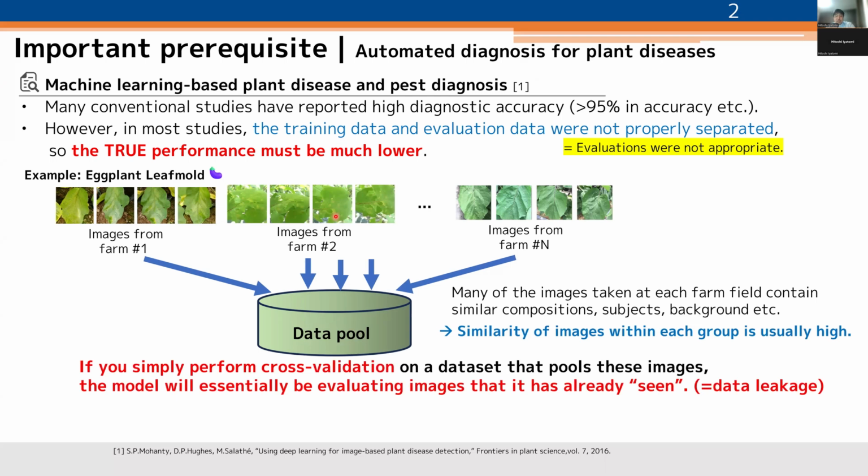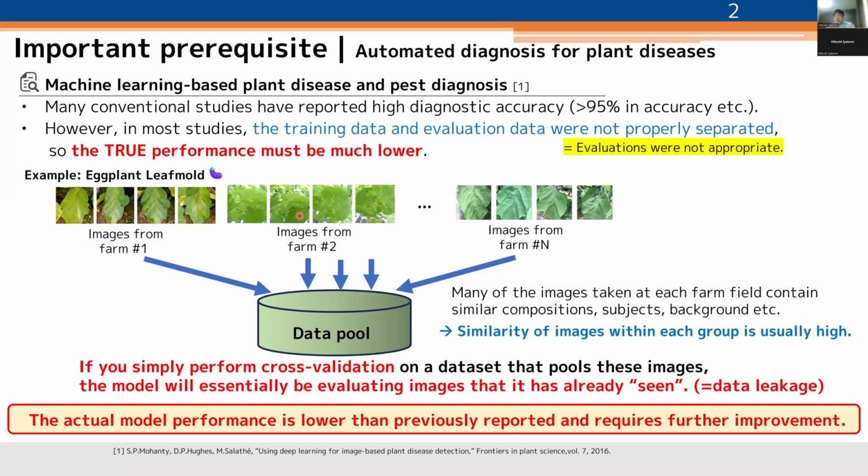If we split the training images and test images in a stochastic way, or just apply the conventional cross-validation strategy, then for a given test image, the model has already been trained on very similar images. So eventually data leakage has occurred. That is why the actual model performance is much lower than reported.